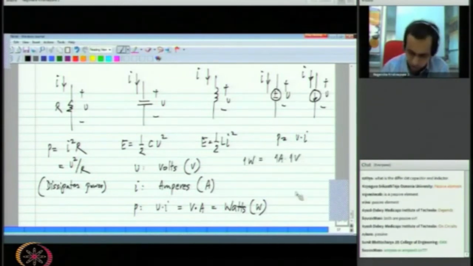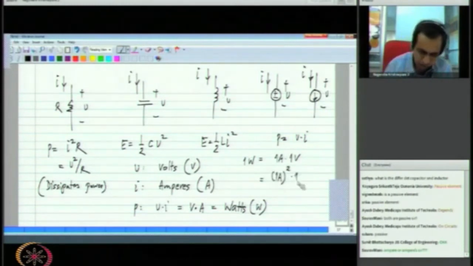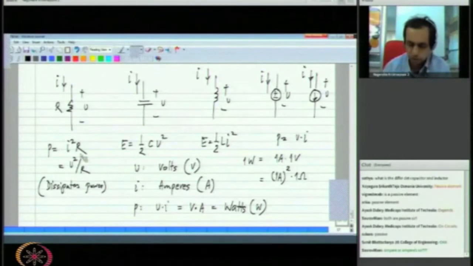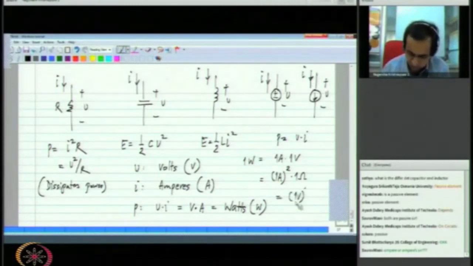It also equals 1 ampere square times 1 ohm from this formula. This is just so that you get used to different ways of arriving at the units of watts, and it's also equal to 1 volt square divided by 1 ohm.